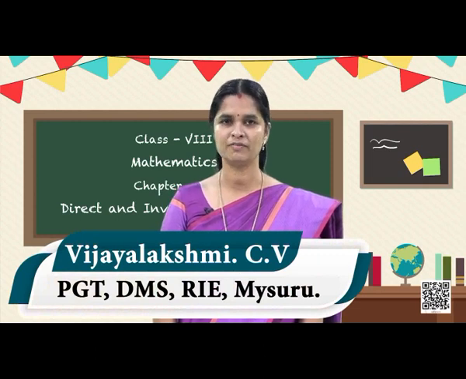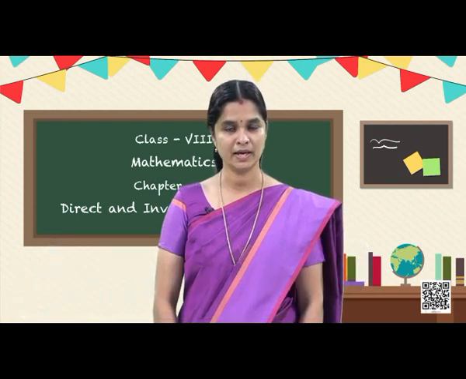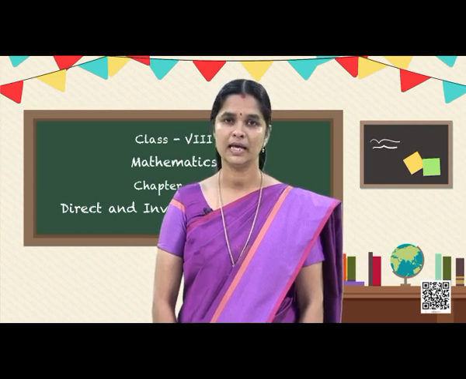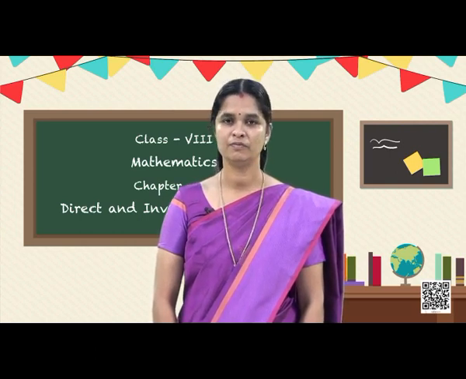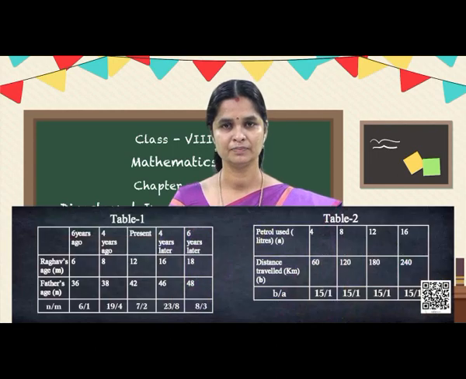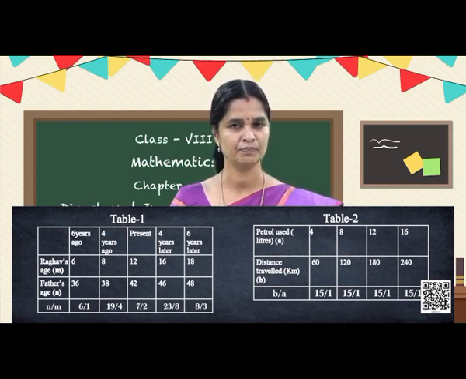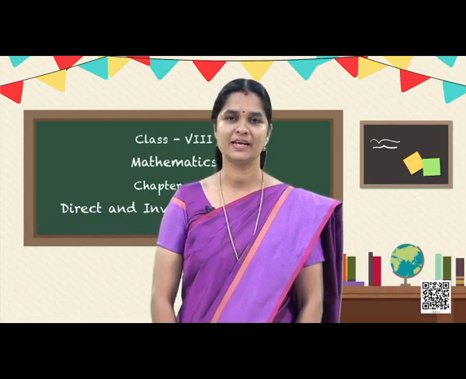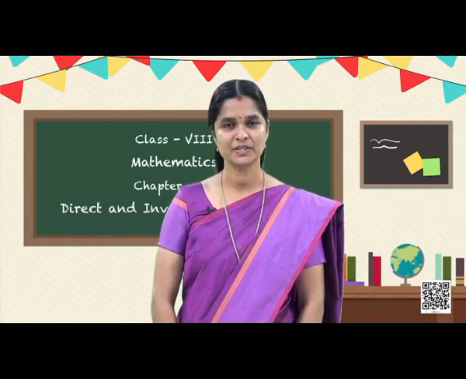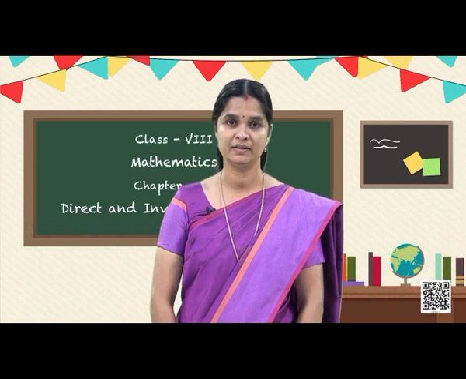Try to find out the values of B by A and N by M. We can see that the observations are the same. That is, the ratio is not the same in the first case and the ratio is the same in the second case. So, now we can say that the values A and B are in direct proportion.